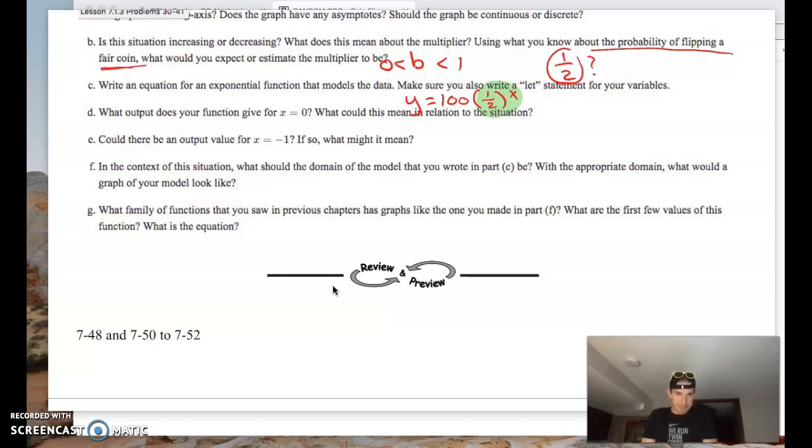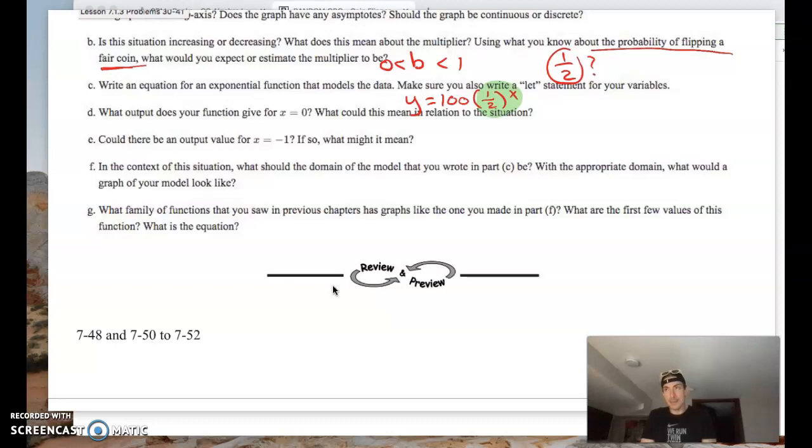And finally, in part G, what family of functions that you saw in previous chapters has graphs like the one you made in part F? Okay, what are the first few values of this function? What is the equation? Well, folks, we saw those geometric sequences, right? And that's exactly what we got going on here. We've got a geometric sequence.